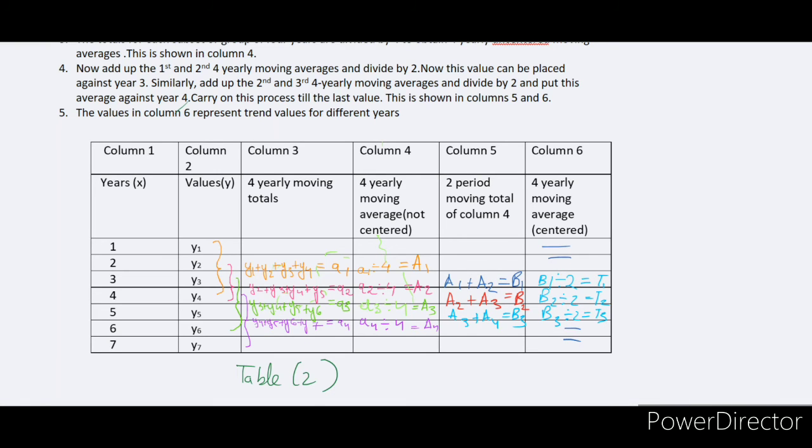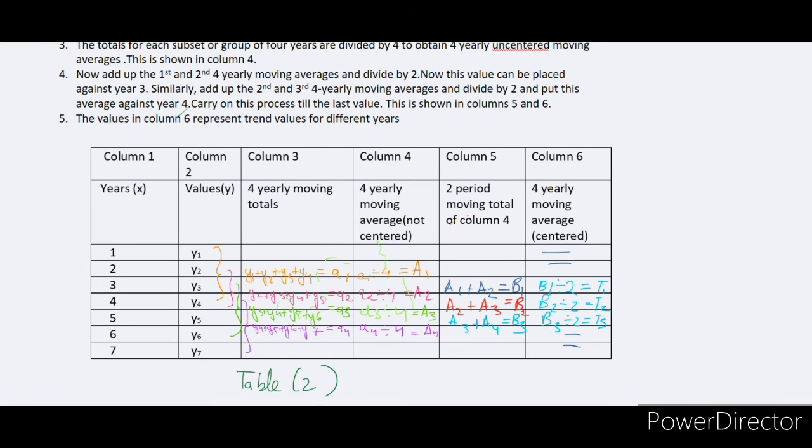So now before we move to the example, to avoid confusion, in this last column we are dividing the values by 2, and in column 4 we are dividing the values by 4.